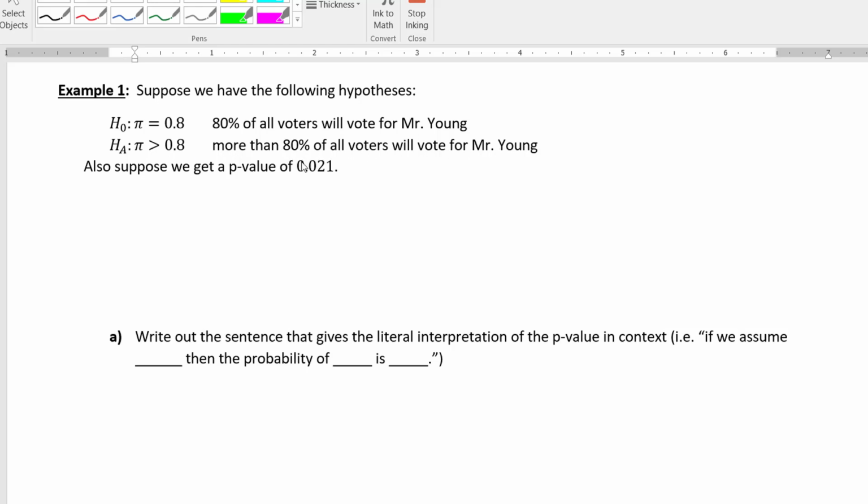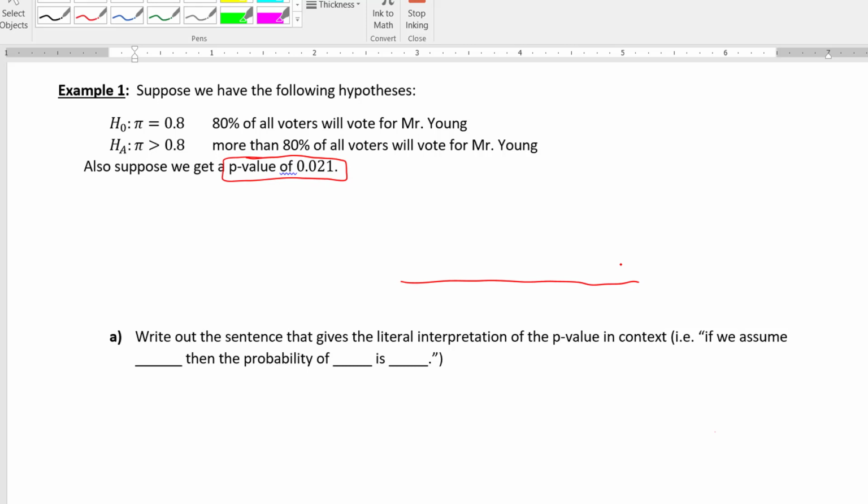Mr. Young. And suppose we go through and we get a p-value of 0.021. P-value, of course, is what we are working on trying to understand in Module 3. So let me do a quick discussion about what we know based on this null and alternative hypothesis and that p-value.